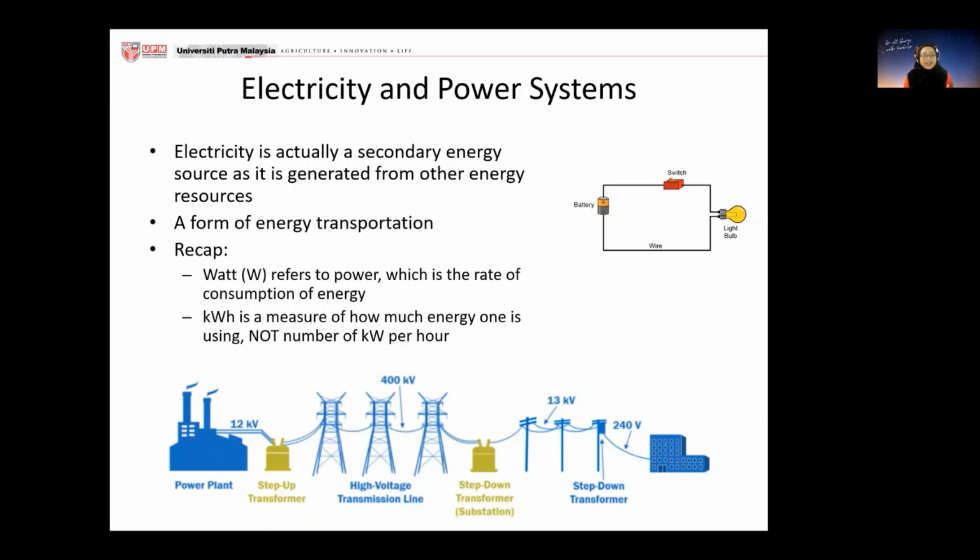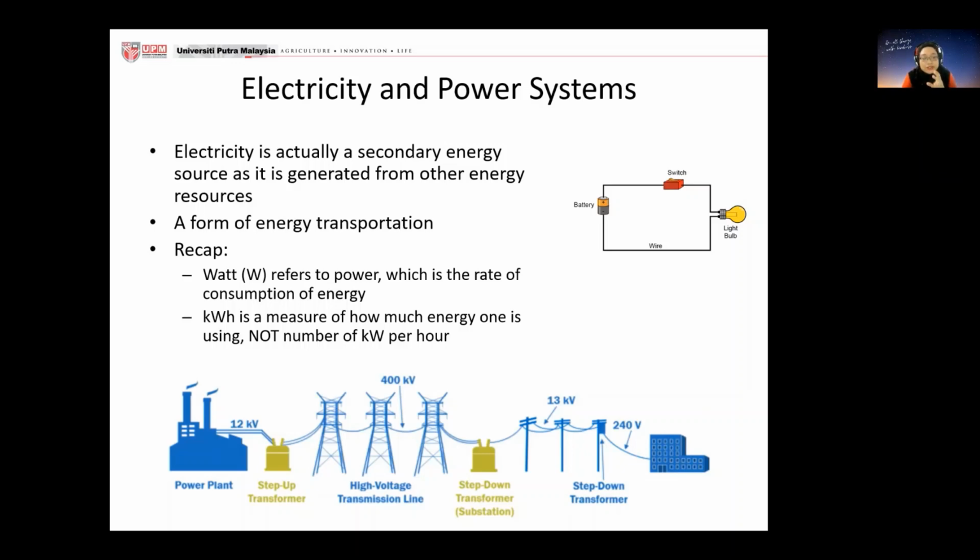So electricity is basically a form of energy transportation. You have to think about where the power is generated, from the power plants, and how it gets to you in your house.